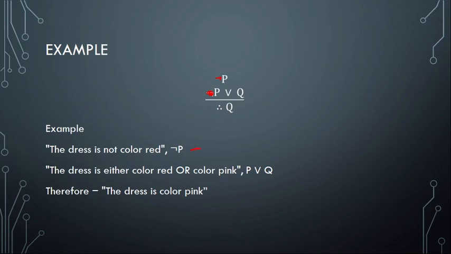Premise. The dress is either color red or color pink. Premise. Therefore we derive the Q. So that is what we did in here.